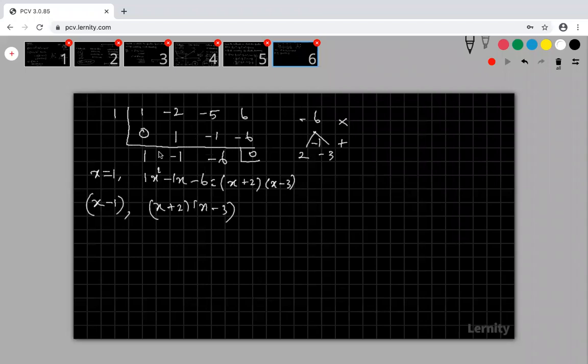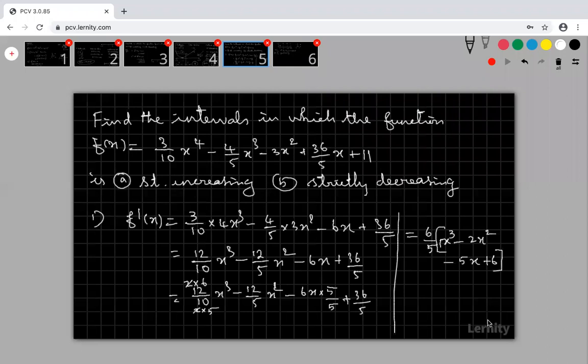These are representing the quadratic equation: coefficient of x square, coefficient of x, and the constant term. Therefore, 1x square minus 1x minus 6. Solve this quadratic. Now these three are the factors of this polynomial.